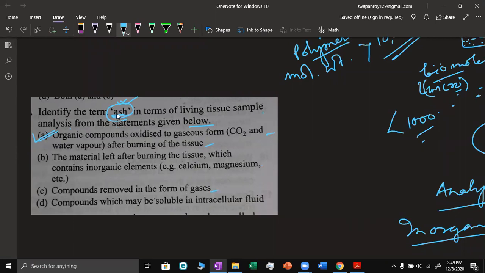So whatever is left, that one is ash. Compounds removed in the form of gases, or compounds which may be soluble in intracellular fluid, are not it. So option A is the correct definition for ash, for inorganic material.